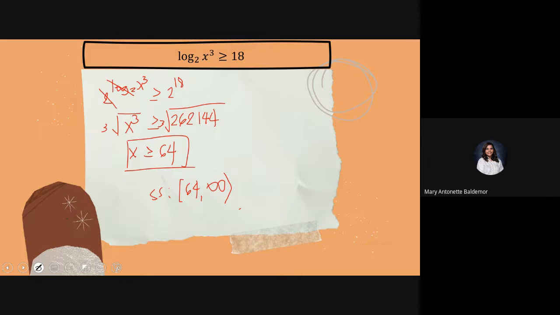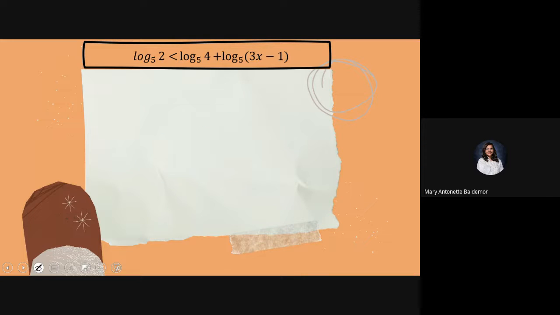Next example, we have the logarithm of 2 with base 5 less than the logarithm of 4 with base 5 plus the logarithm of 3x minus 1 with base 5.